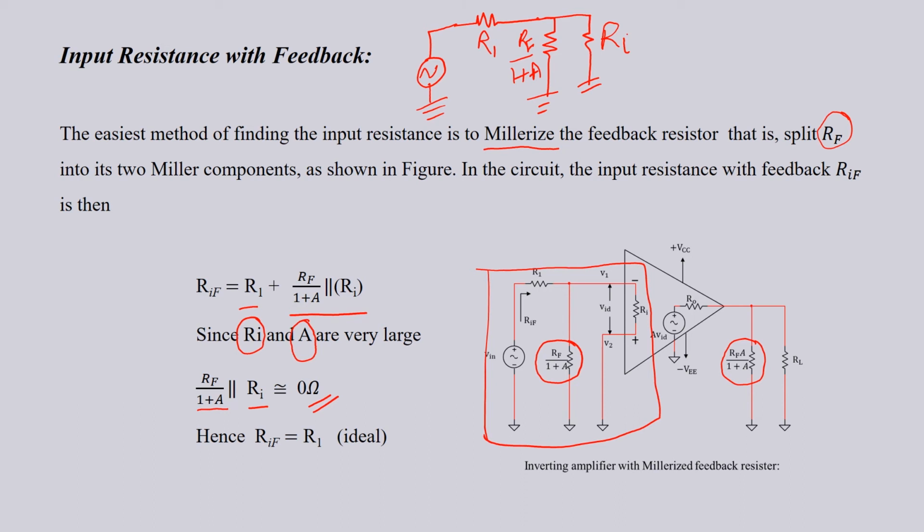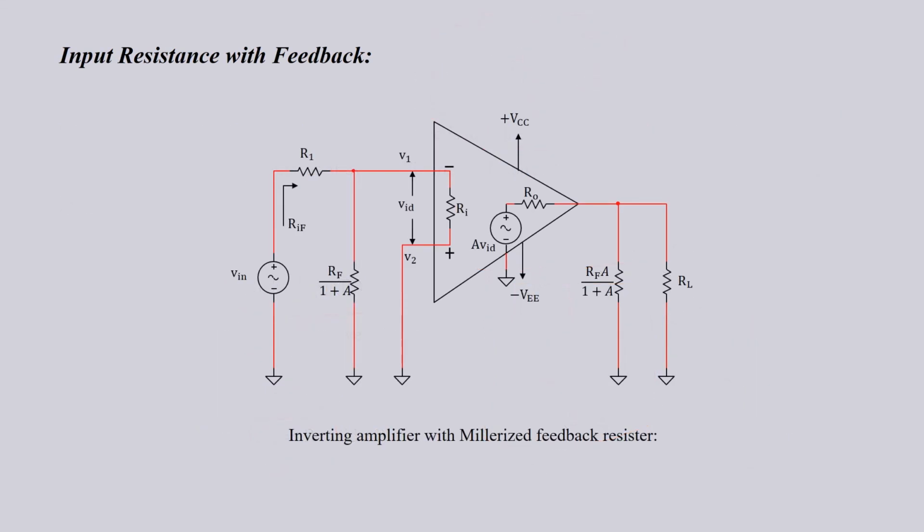Hence RIF is equal to R1, and this is ideal. This is the circuit of input resistance with feedback, and we have calculated RIF is equal to R1.